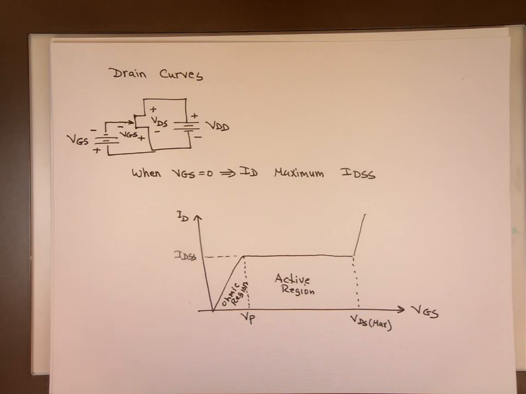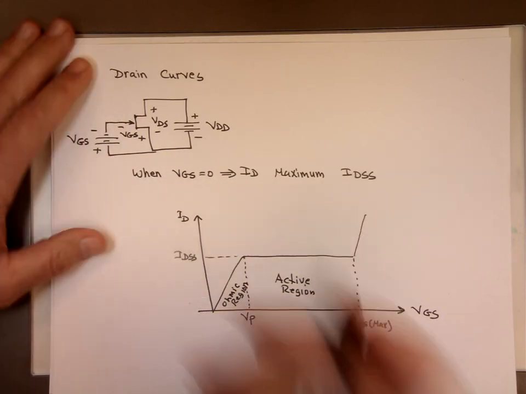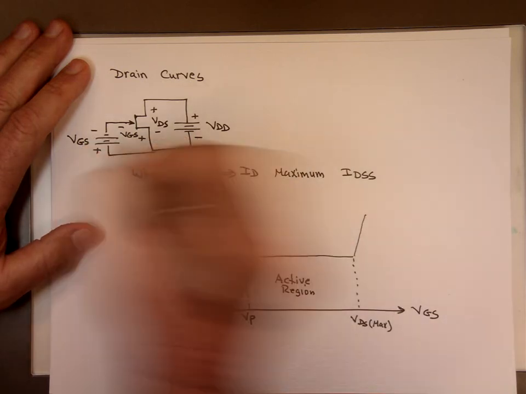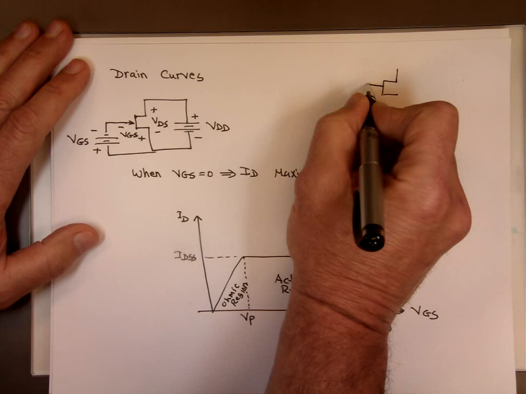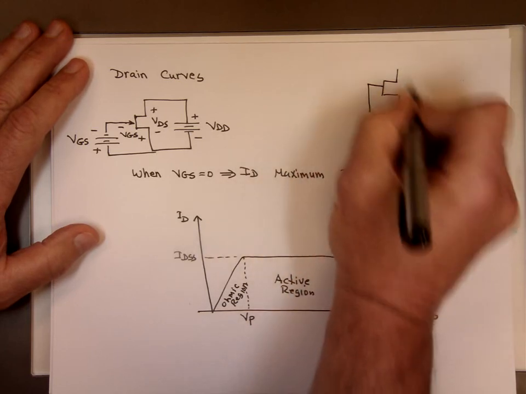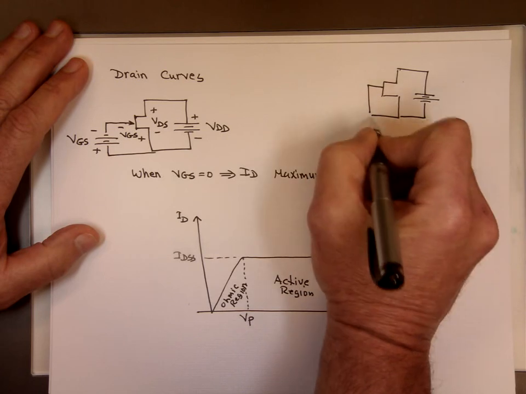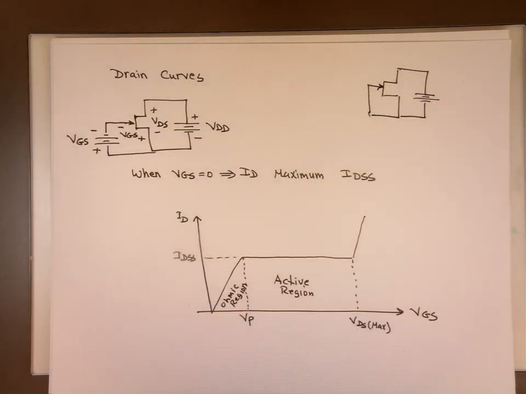And we get that when you short circuit this one. So basically to get that current, that's the maximum current, you want to short circuit that, when the circuit will look like this. That's when you're going to have it.